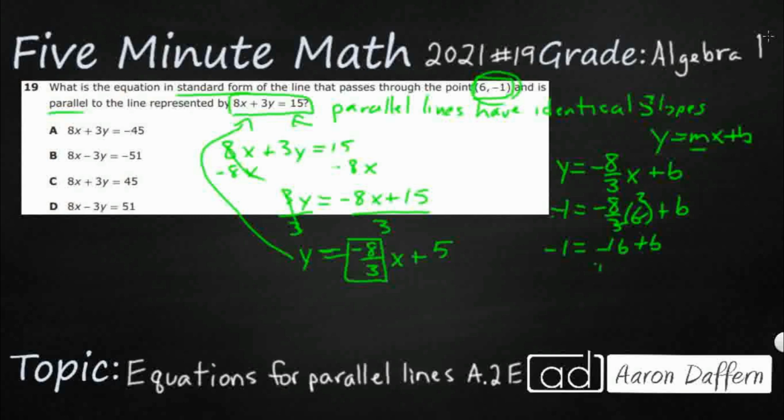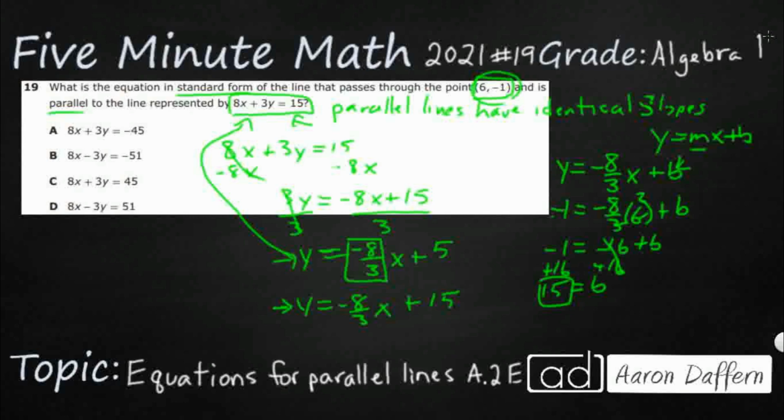So if I add 16 to both sides, that's going to give me 15. b equals 15. So put this 15 back up here, and what we get is y equals negative 8/3 x plus 15. These are two parallel lines.